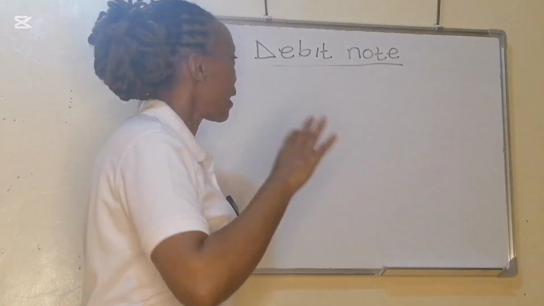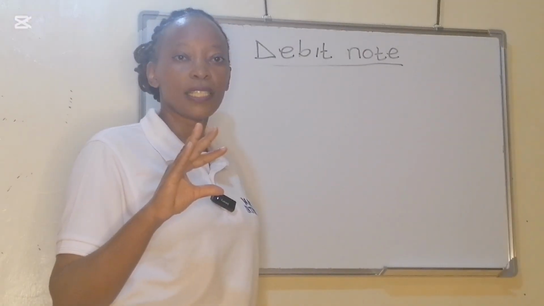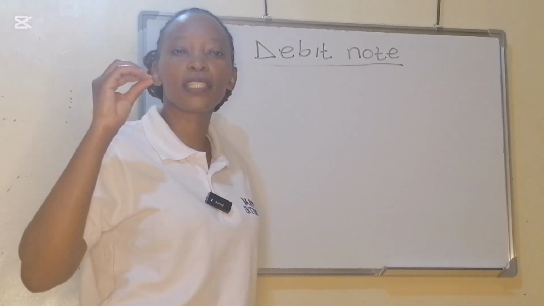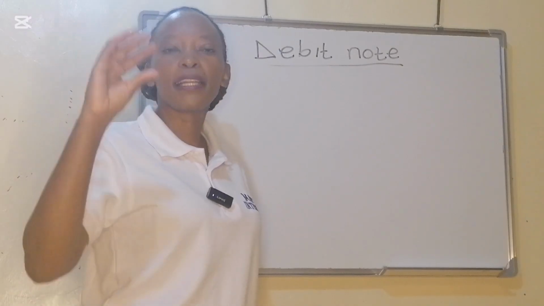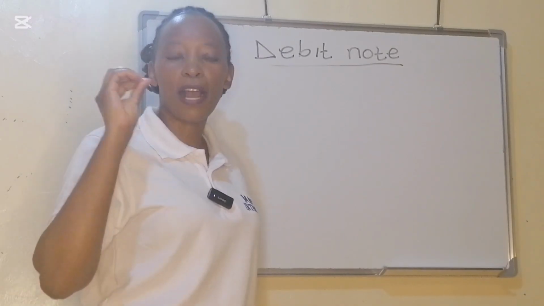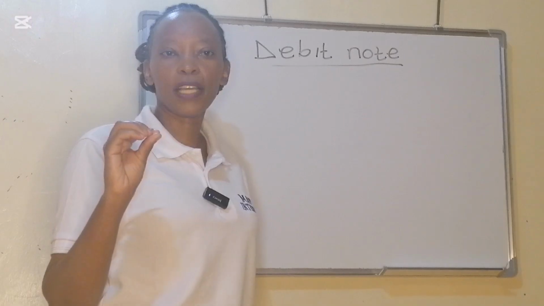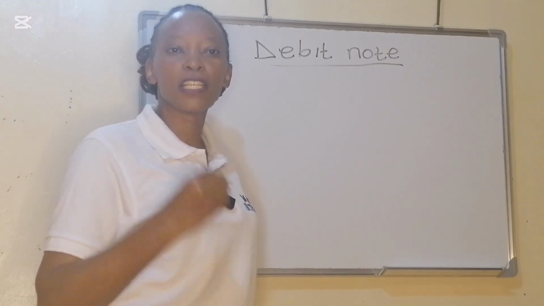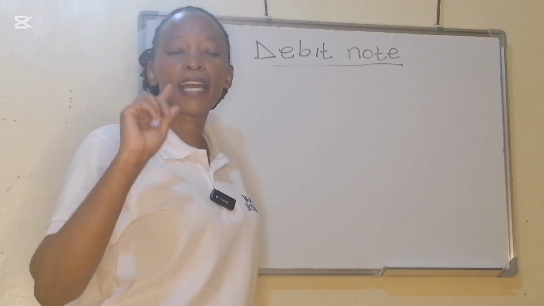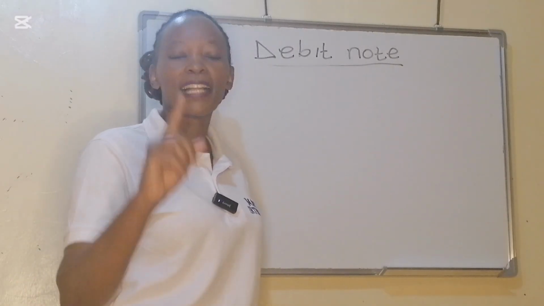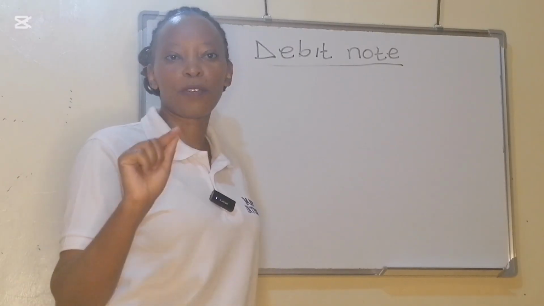So today we are learning about debit note, and I am going to explain to you what is a debit note using an example, a demonstration, and the definition will come last. I told you my definition may not look like your definition, but there is always a keyword that the examiner is looking for.